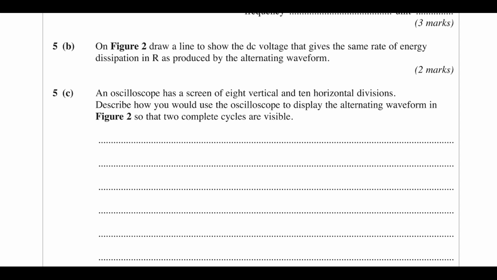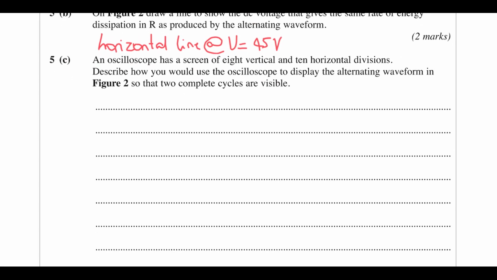So you essentially would see a horizontal line at V equals 45 volts, roughly speaking, because that's what we calculated RMS was earlier. I can't draw it because this program doesn't let me flip back between pages. Bit annoying. Never mind.